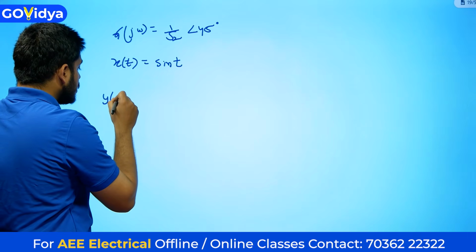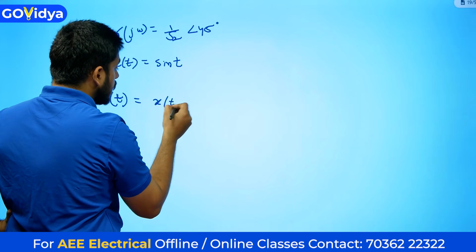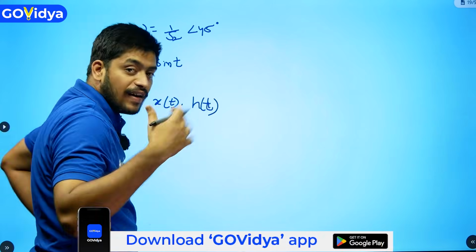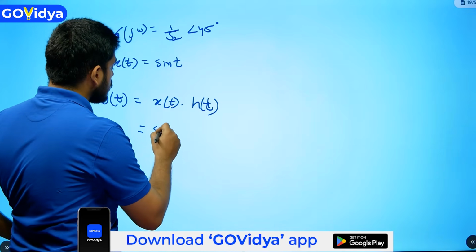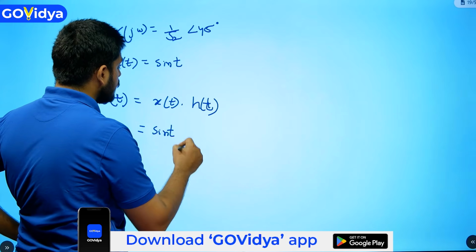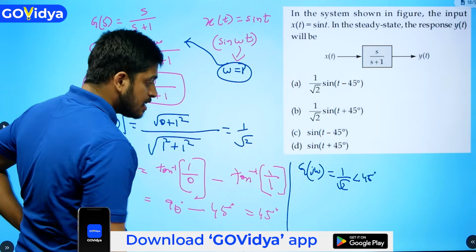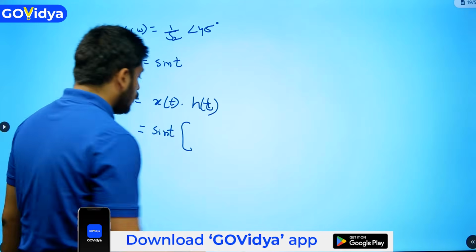Y of t. What is the value of y of t actually? In terms of an LTI system, it is my input x of t into my output h of t. What is the value of x of t? Sin t. And what is the value of h of t, or g of j omega, whatever it could be? We represented it as 1 by root 2 angle 45 degrees. We represent it in the polar form.